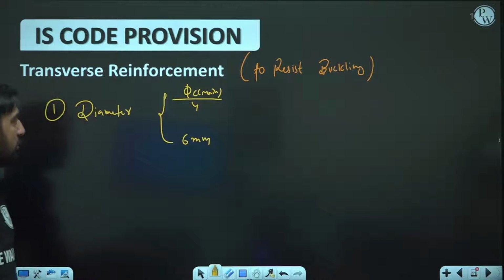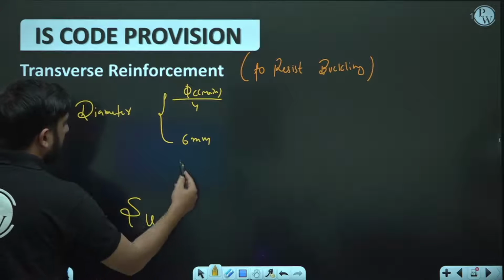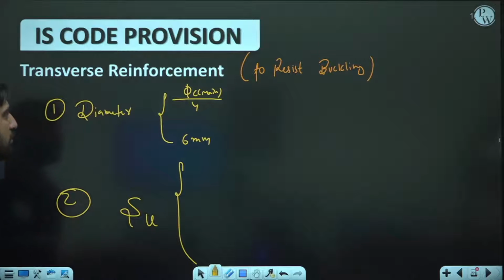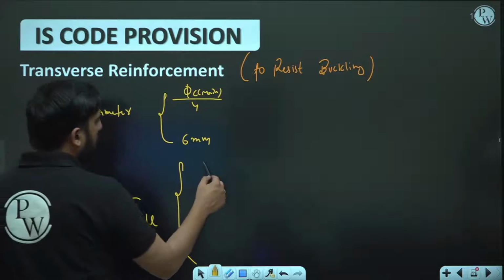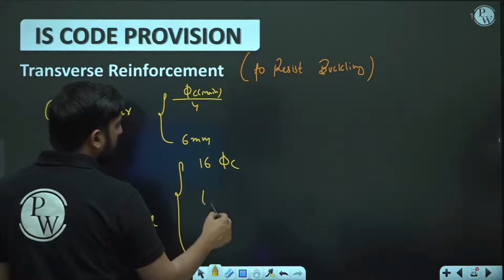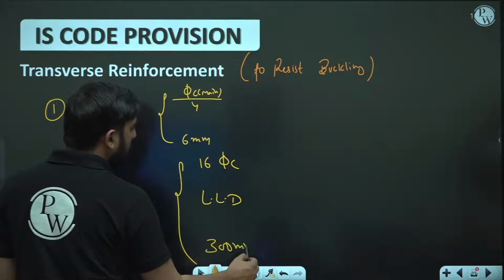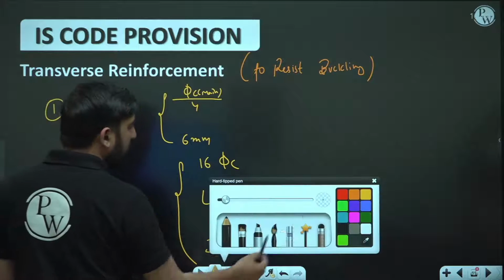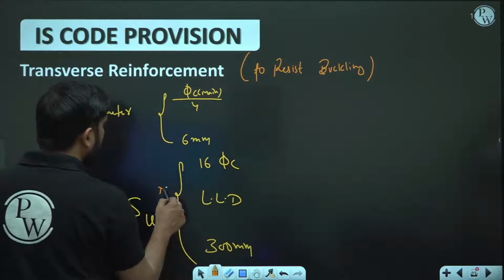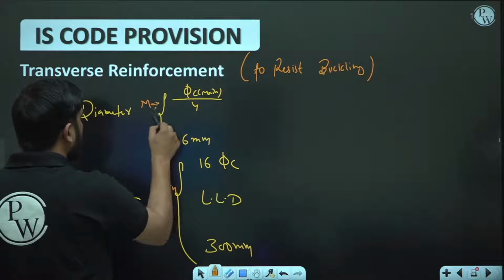Now the second thing is spacing. Spacing is the minimum of how much? It is 16 times phi c, the least lateral dimension, and 300 mm, whichever is minimum. Spacing is the minimum of these three, and diameter is the maximum of these two.